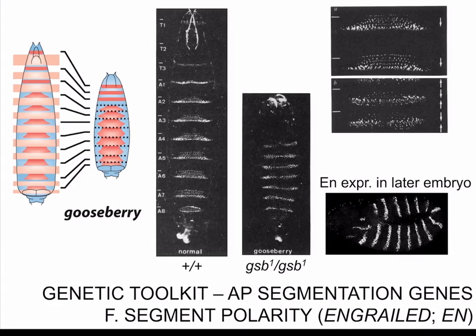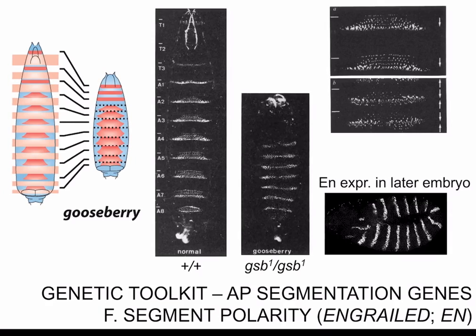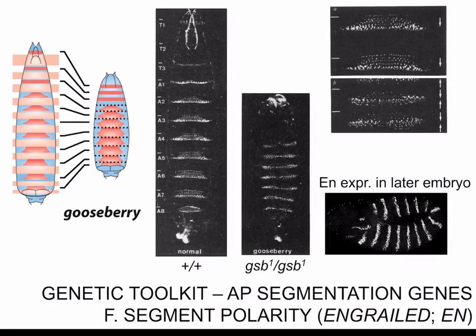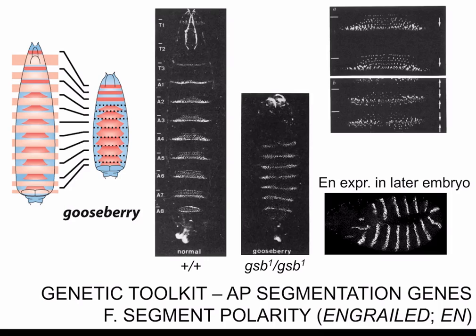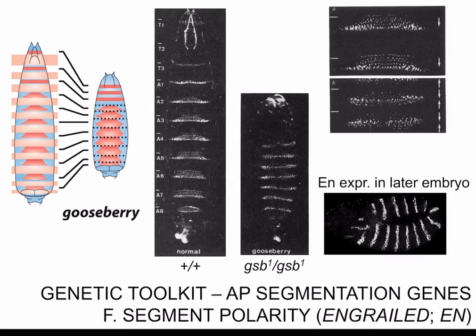The gap genes then tell cells whether the cell is located in some broad domains about 20 nuclei wide. So this would be like having an address which puts you on a particular continent or country on the earth.